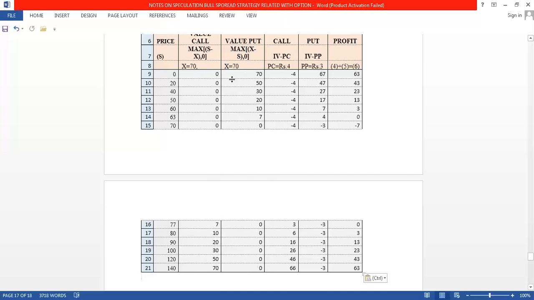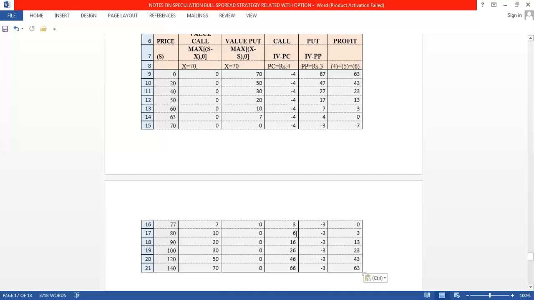From these intrinsic values, we have to deduct premium to get the profit. So profit of call means intrinsic value of call, column 2 figure, minus premium of call, which is rupees 4. So 0 minus 4 is minus 4, 0 minus 4 is minus 4.